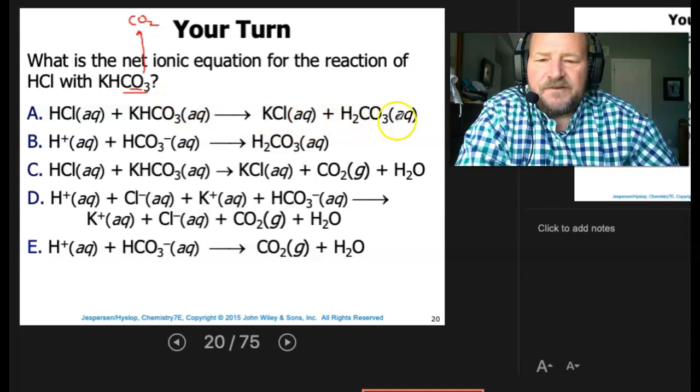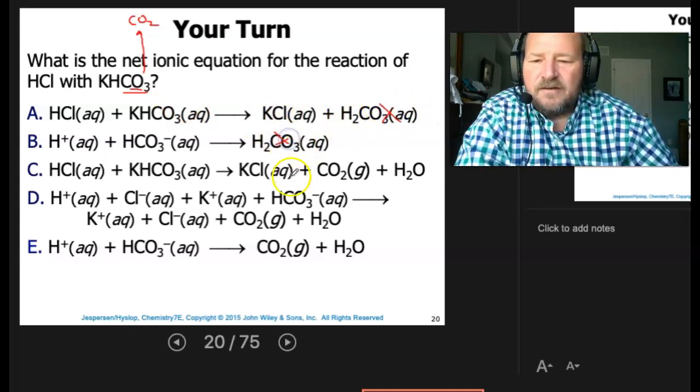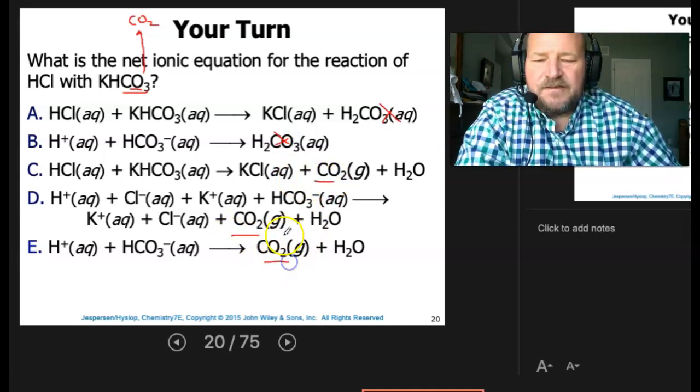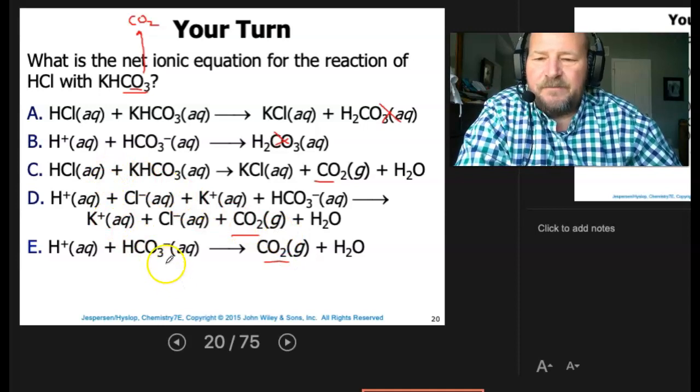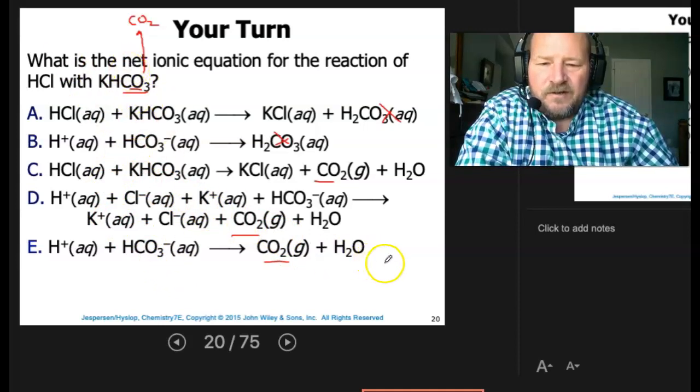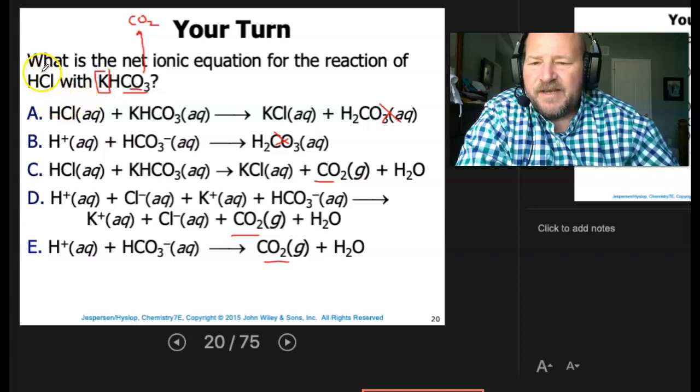So which ones have CO2 gas? Does not. Does not. All right, does, and does. So I've got it limited down to C, D, and E. So just from that, now we know we also have to make water. All three of them have water. What's going to be the salt then? Well, the salt that could potentially come out of that is KCl.